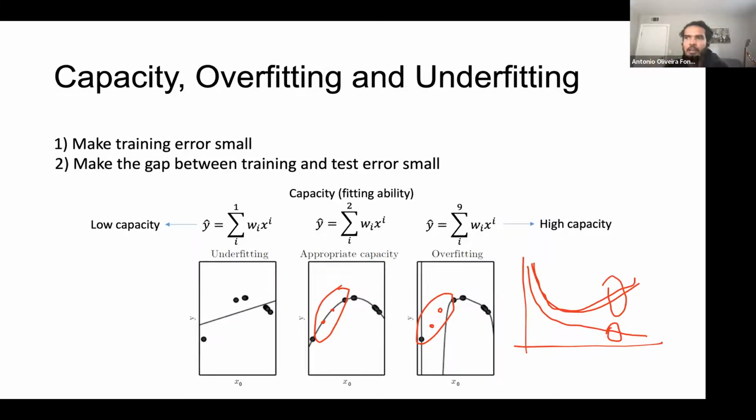Let's say it's a phenomenon that can very well be fit by a line. Let me give a more practical example. Let's say the data that you give me are 10 samples that look like this, and so on. If you give me 10 samples that look like this, I'm going to say, okay, 10 samples are enough to model this data. Now, if you say, I'm going to give you 10 samples that look like this.